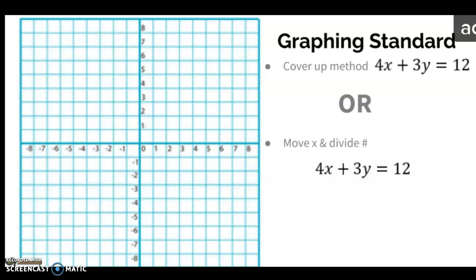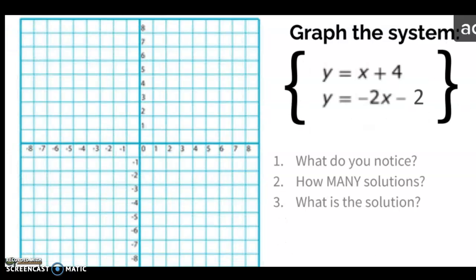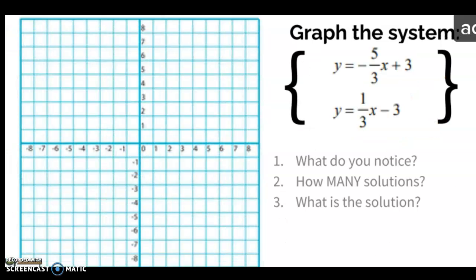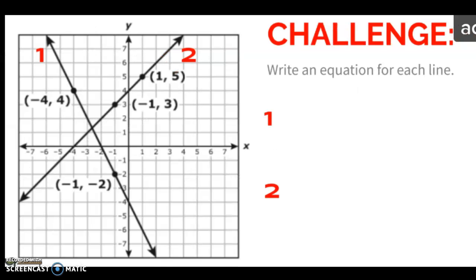Okay, so slide number 6 is for you to practice either using the cover up method or the move and divide, and then you're going to graph it. After that, slides 7, 8, 9, 10, that's it.